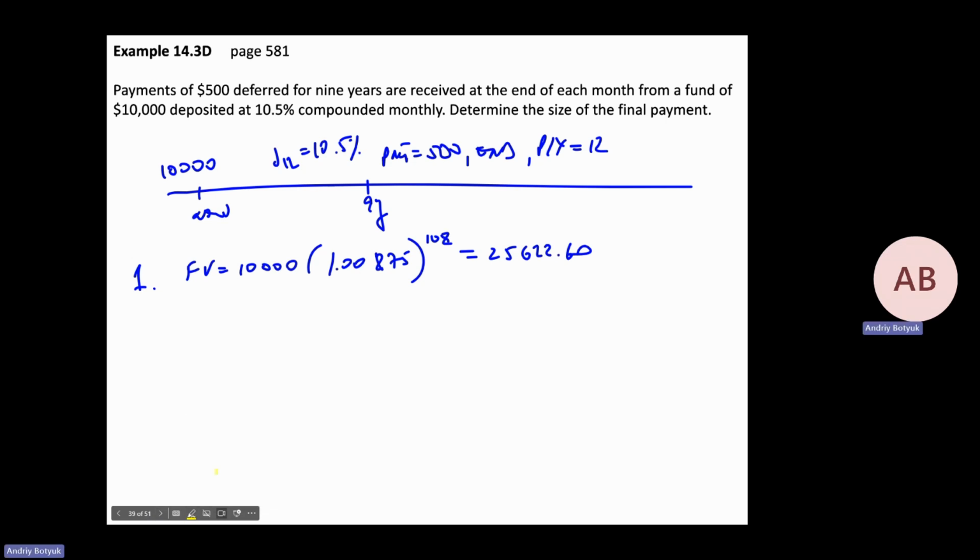So that amount is right here. Yes? Everybody with me? So it means then we need to find n, right?